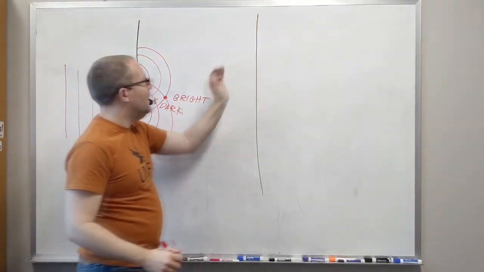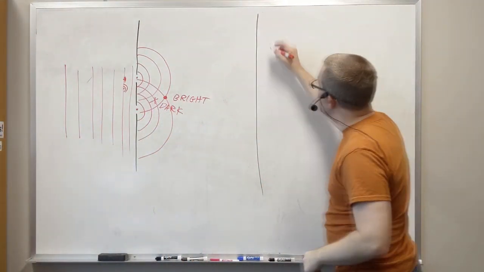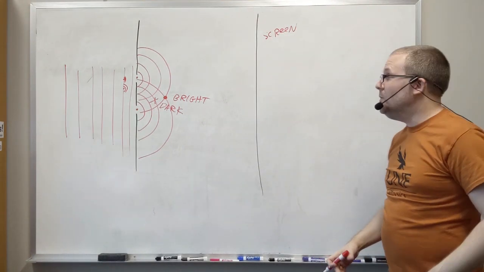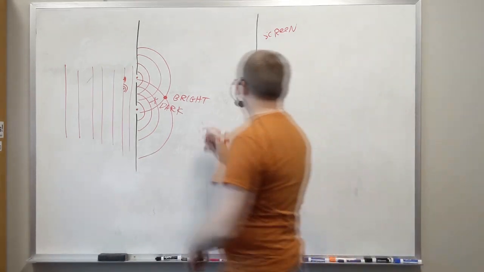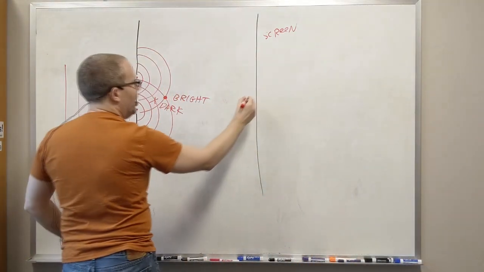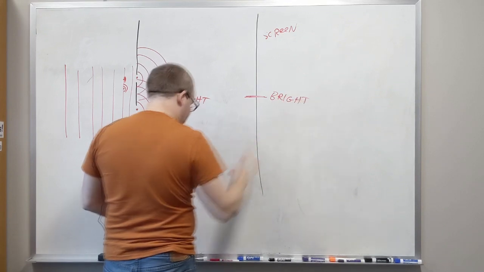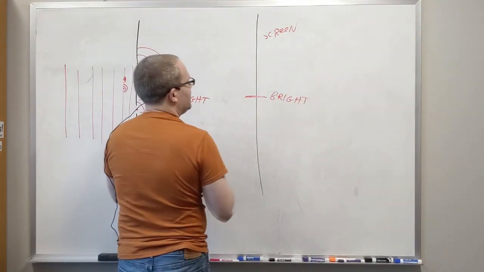You let that continue on along here to the screen on the other side, and watch where the two waves light up. So you'll end up with a pattern, right? Because you're going to have a bright spot here, and you'll end up with a dark spot here.